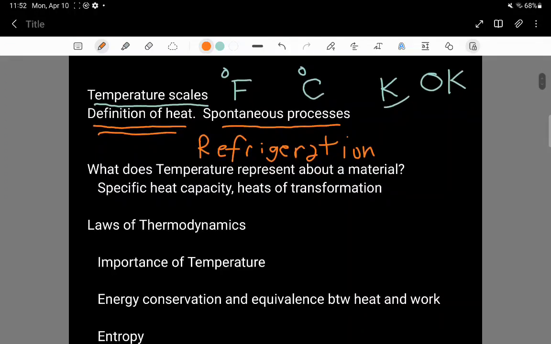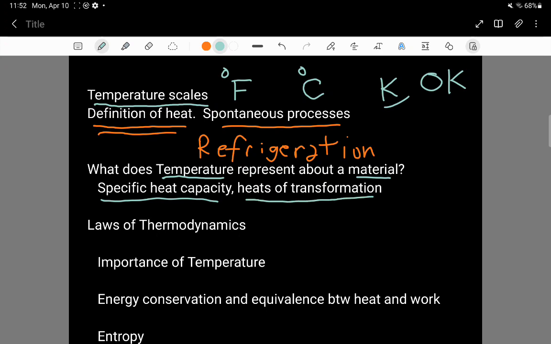Also, what does temperature physically represent about a material? That gets introduced as well. And while you're being introduced to how the temperature of a material represents something physical about the material, you'll study the relationship between temperature and heat with a concept called the specific heat capacity, as well as what are known as the heats of transformation.